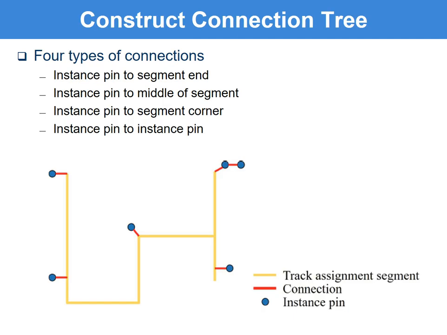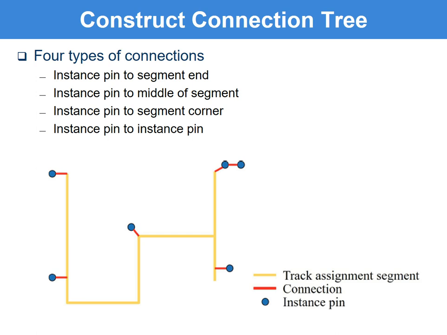In the initialization stage, we find connections from pins to segments derived from the track assignment stage. A method is proposed to identify the segment to which each pin connects. An example with 6 pins and yellow segments is presented in the figure.